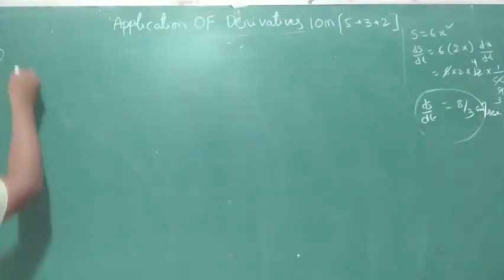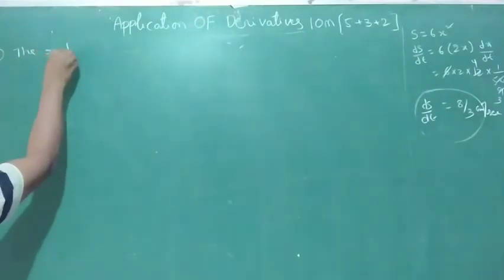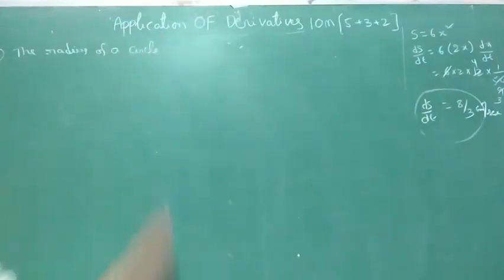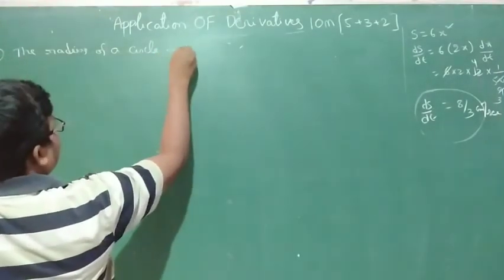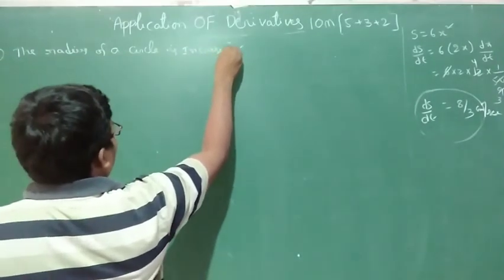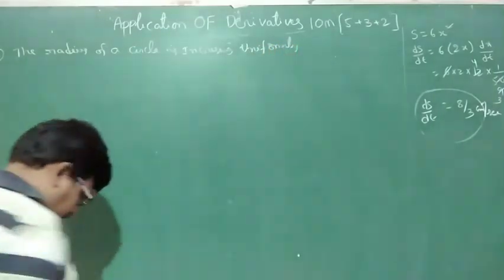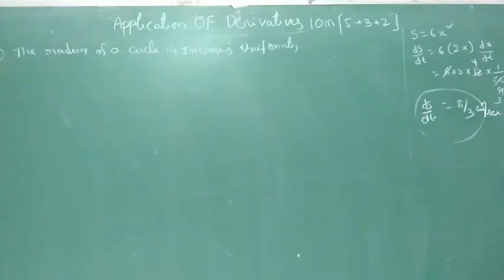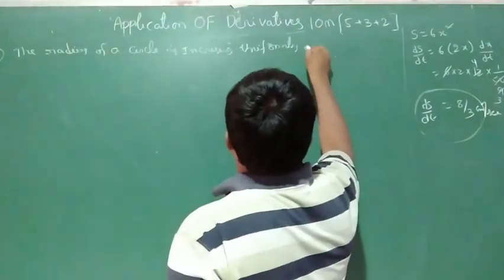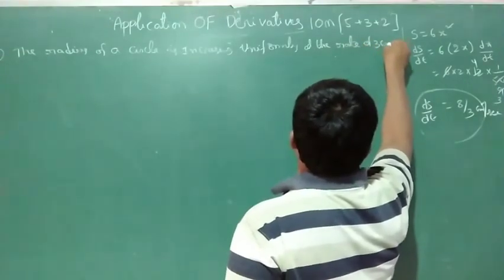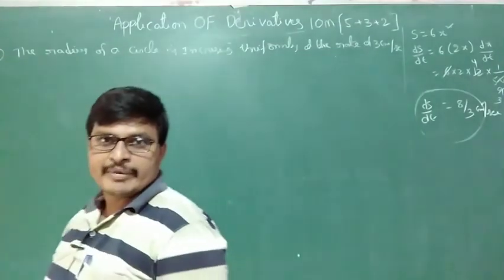The radius of a circle is increasing uniformly at the rate of 3 centimeters per second.